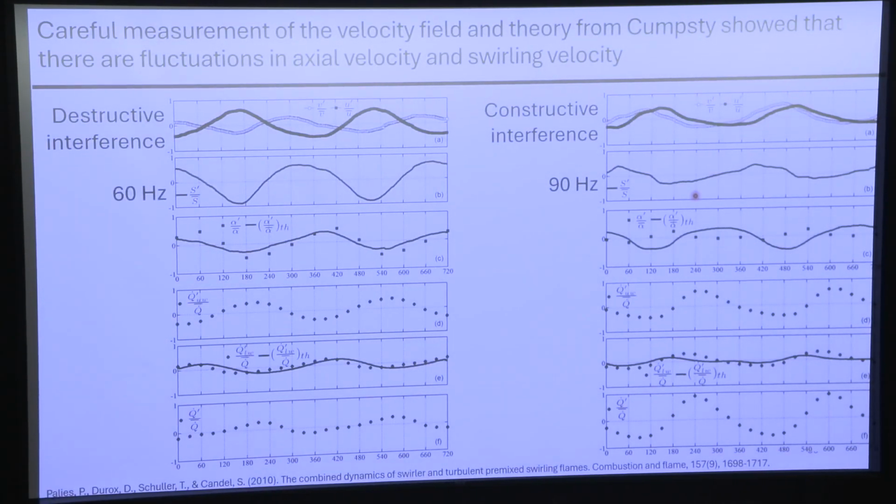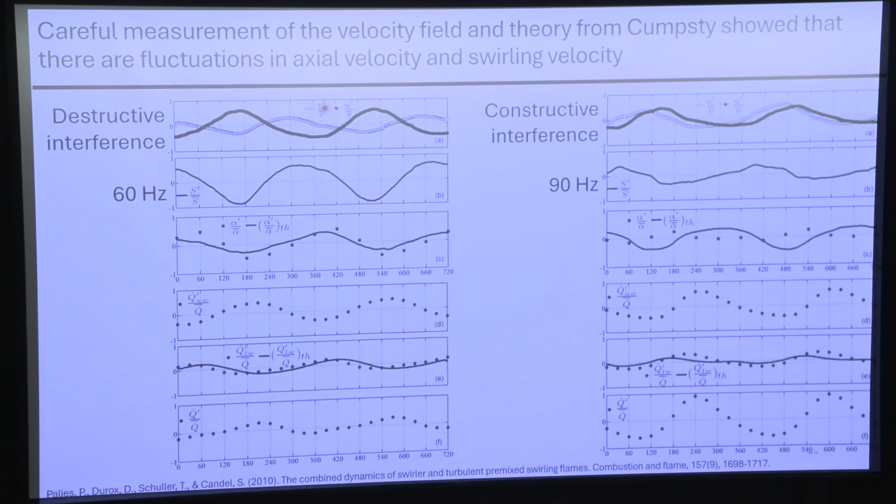Very cleverly, what they did was they measured a whole bunch of stuff. They measured two different velocity components using LDV right at the base of the flame. They turned this into a fluctuating swirl number. The swirl number is nominally the ratio of swirling momentum over axial momentum.